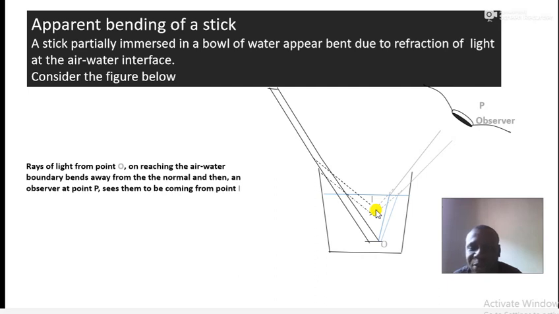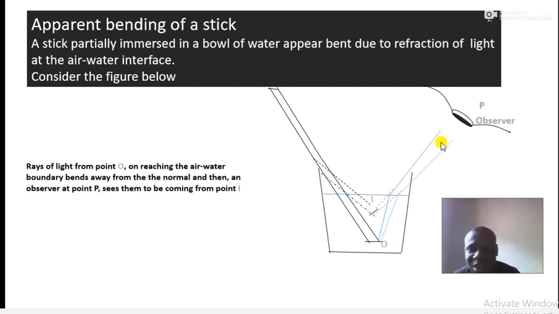And when this happens, this ray of light that has intersected here will continue to form other rays at different points from the same stick, forming an image that will link with the actual object outside, and then the object now appears bent in the eyes of the observer.